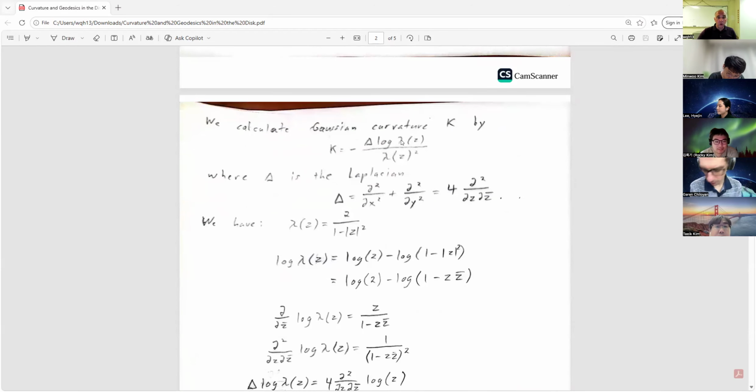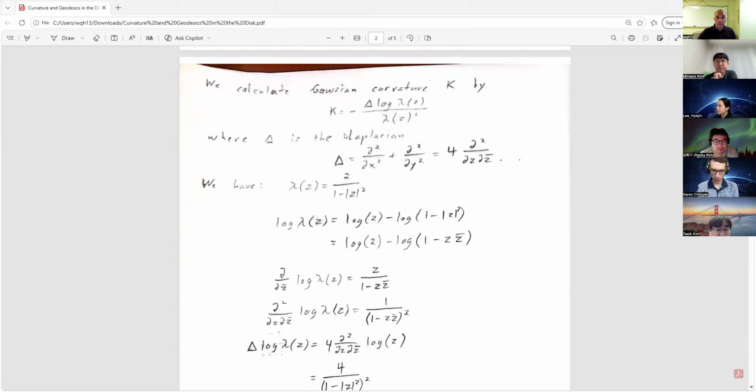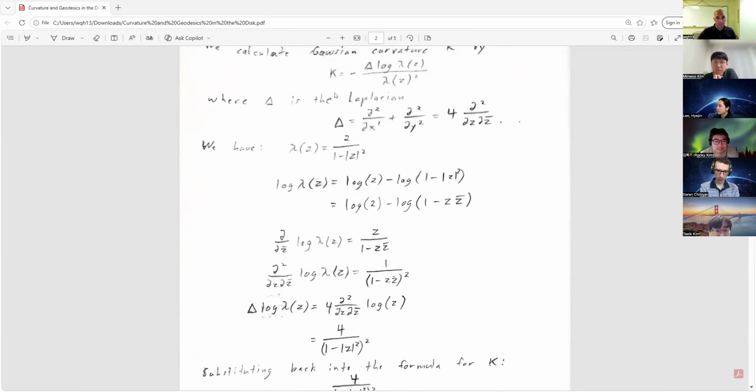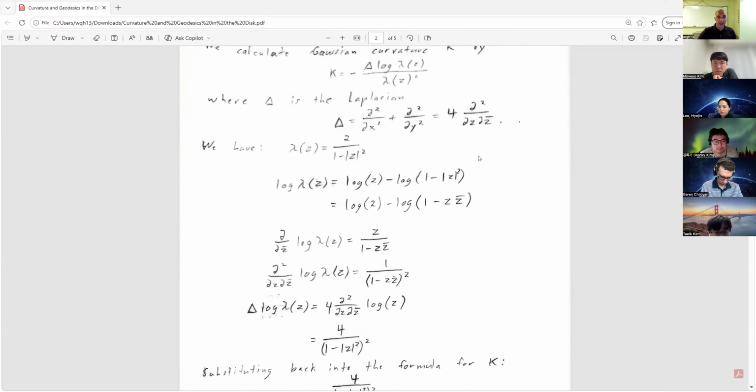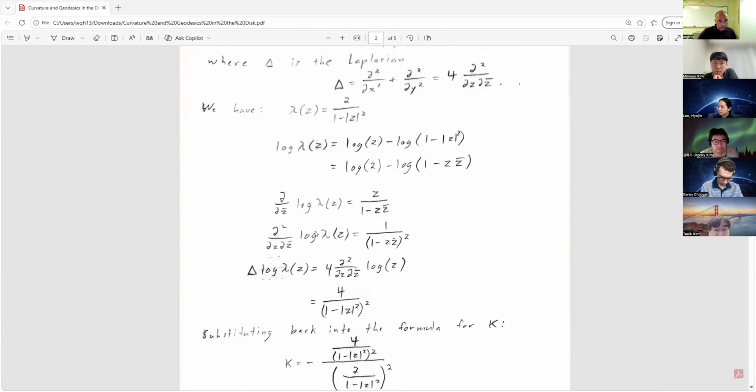And so we'll start by taking the log of our conformal factor here. And then the Laplacian, which is this right here, this partial derivative with respect to both z and z conjugate.